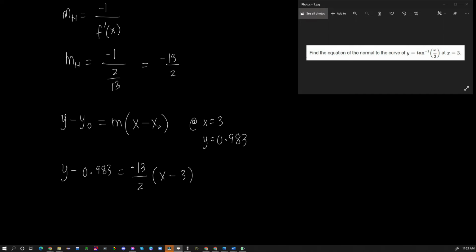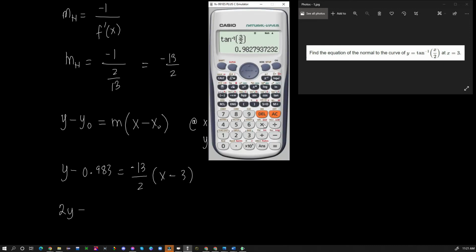So multiplying both sides by 2. So mangyayari, we have 2y minus, okay, pila na siya, sir? I-times na nato 2. 1.966. So 1.966 is equal to -13x. Pila man ni? Positive 26.